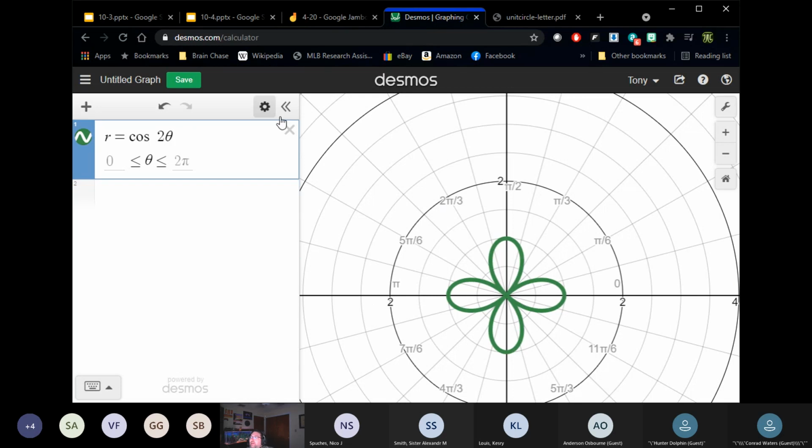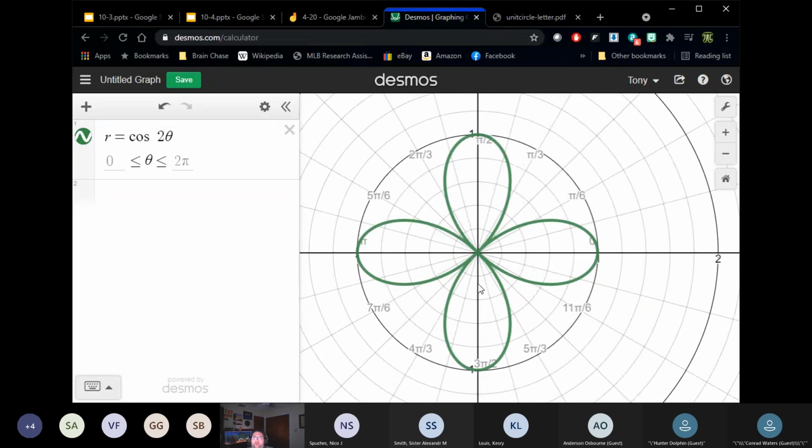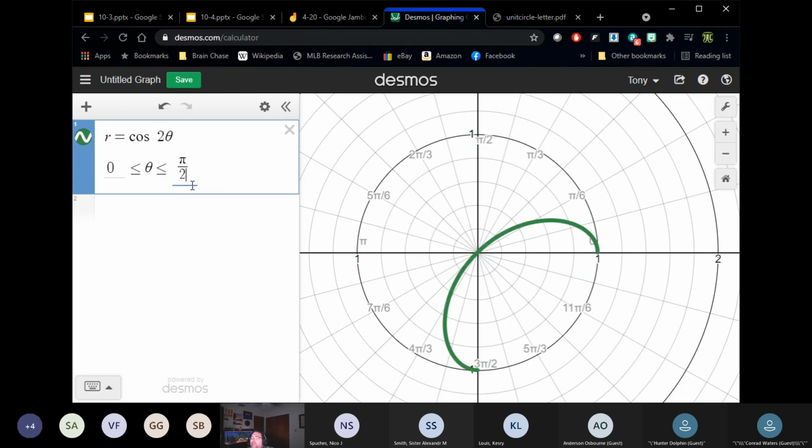All right, now if we look at 0 to 2 pi, I've got the whole curve there. But if we only want to find one of the leaves, remember, I can't do 0 to pi over 2 because that doesn't make a leaf. But if I did negative pi over 4 to pi over 4, I get one of the leaves.